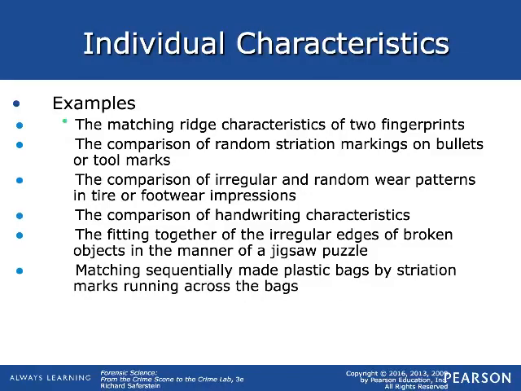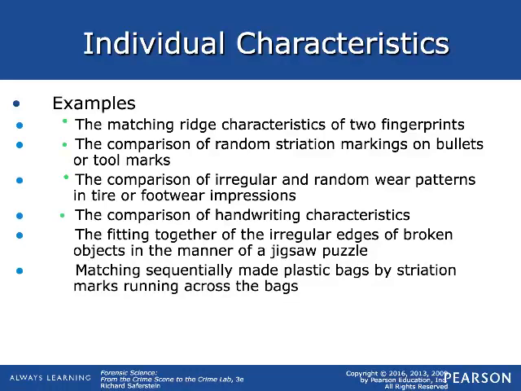Okay, individual characteristics. Examples of things like this: matching the ridges of two fingerprints; the comparison of random striation markings on bullets or on a tool; the comparison of irregular or random wear patterns in a tire track or footwear. Nobody walks like me. Nobody has the same wear patterns on their shoes as I do.